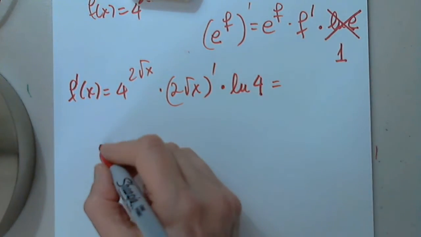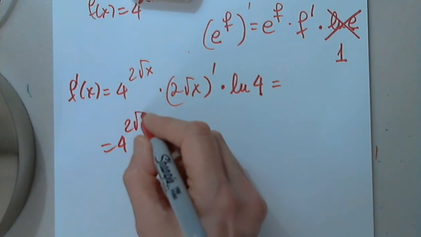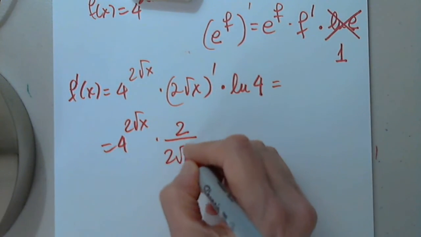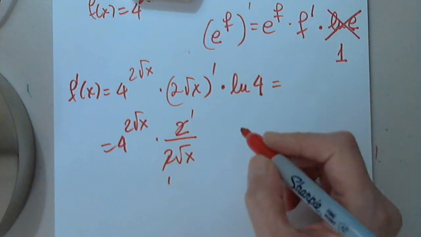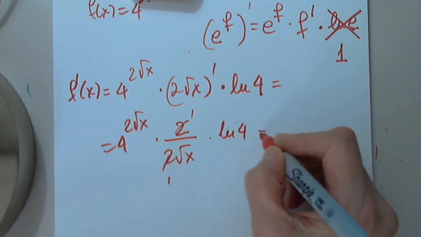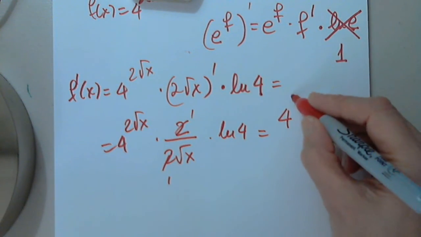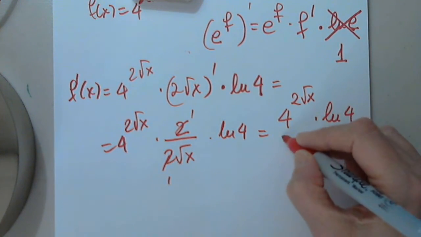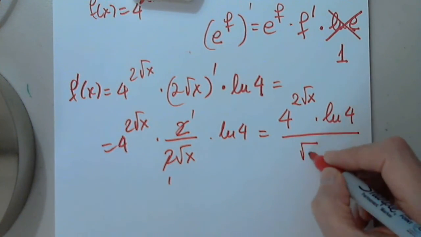So finally I have 4 raised to 2 the square root of x. I know how to differentiate that. It's 2 over 2 the square root of x, and I will simplify, times natural log 4. So finally I have 4 raised to 2 the square root of x times natural log 4, everything over the square root of x.